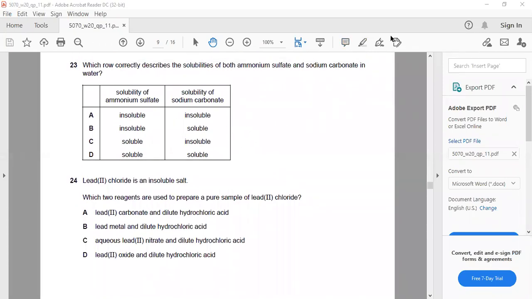Question 23. Which row correctly describes the solubility of both ammonium sulfate and sodium carbonate? You have to recall your solubility of salts chapter. You must know that all salts of ammonium are soluble.